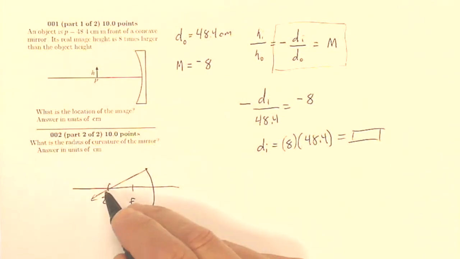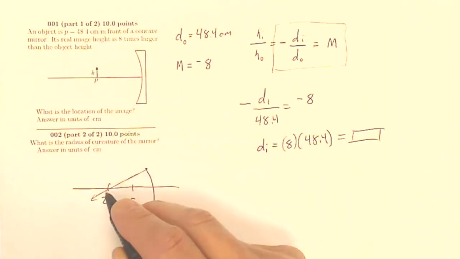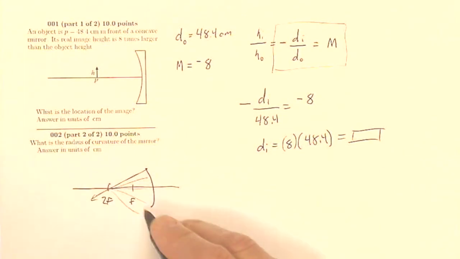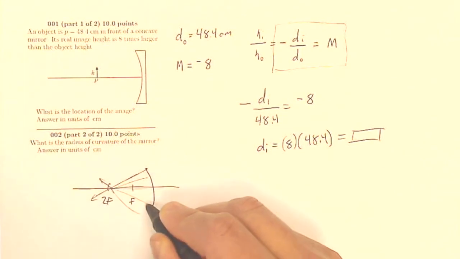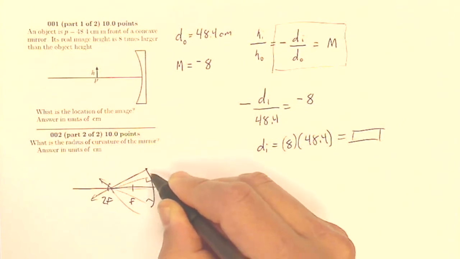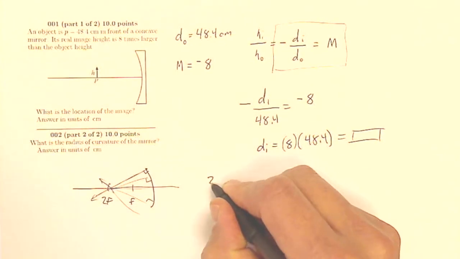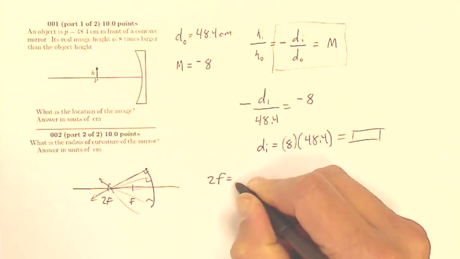That's because 2F is the center of that circle, so all rays of light that would come out of 2F would bounce right back to it, because each one of these is going to be perpendicular to the mirror. So that's got to be the radius, because that's the point that is perpendicular to the mirror no matter where I go. So 2F equals the radius.